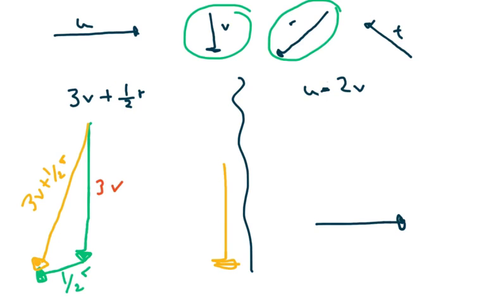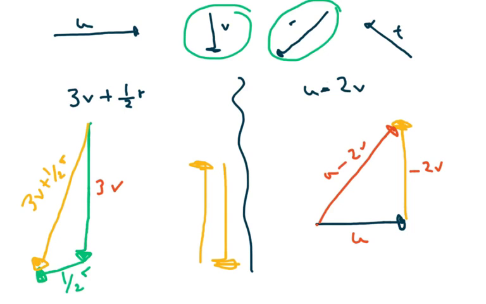But since it's negative, we're going to go in the opposite direction. So from my tail, I'm going to go in the opposite direction and draw up here, 2V. So it changed directions and the magnitude. And then all I do is draw from tail to tip, and that's going to be from my U, this is negative 2V, up to my tip, and this is U minus 2V.